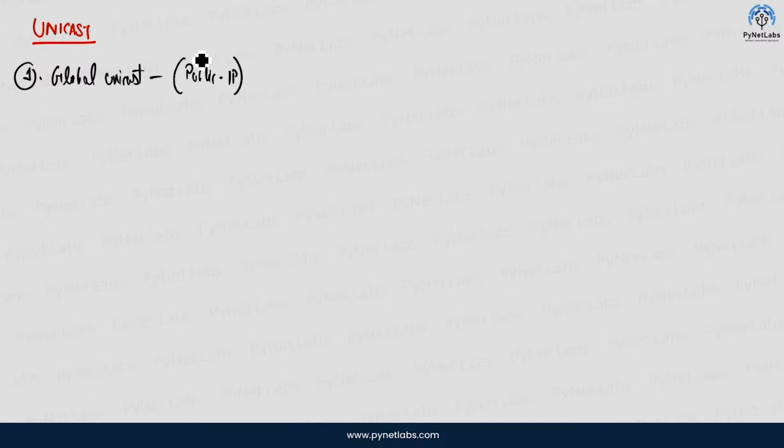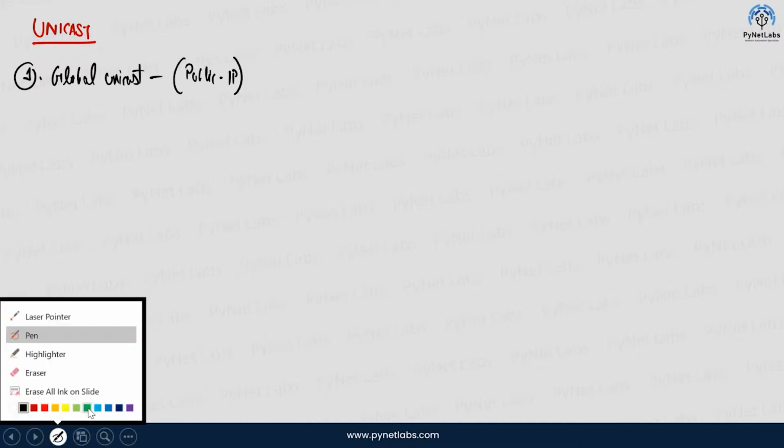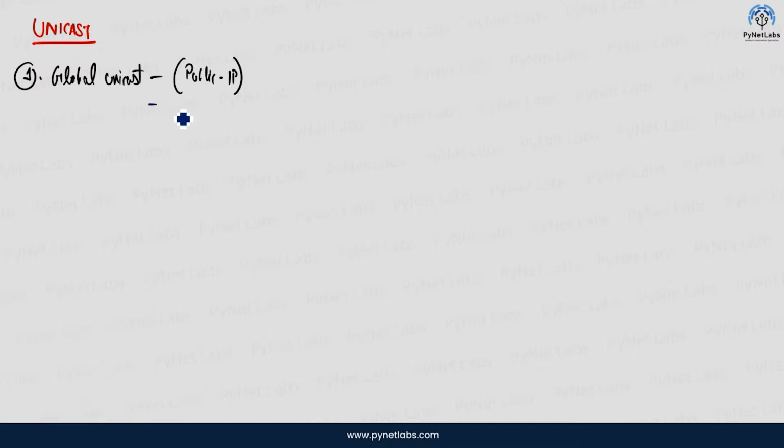So how will you identify that this particular IP is a public IP or private IP? Any IP in IPv6 that starts from 2000::/3 means this is the reservation. As per IANA, any IP that starts with 2000::/3 will be considered as your global unicast IP.